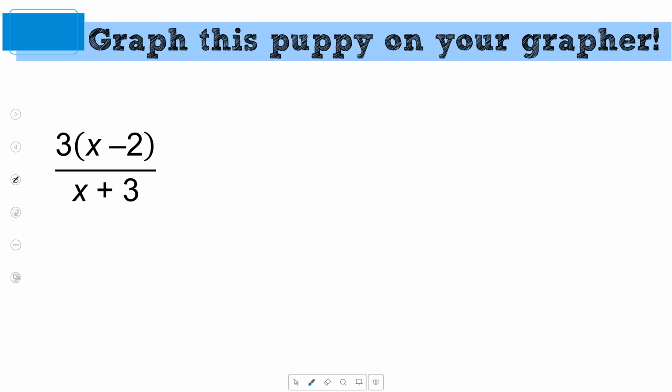Okay. What else can you tell? Well, you're going to graph it. So when you graph it, tell me what else you notice about the graph. Anything interesting other than the vertical asymptote? Mason?